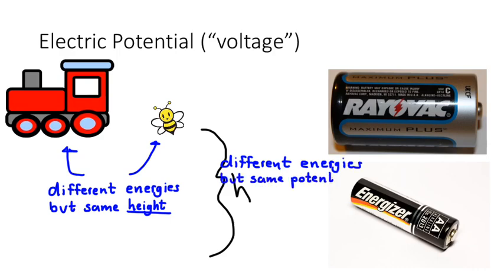These two batteries have different amounts of energy because they're different sizes, but they're actually at the same electric potential. So they're kind of like the train and the bumblebee, whereas if we divide the energy by the mass, in the case of the train and the bumblebee, or the charge, in the case of the two batteries, we would get the same quantity.